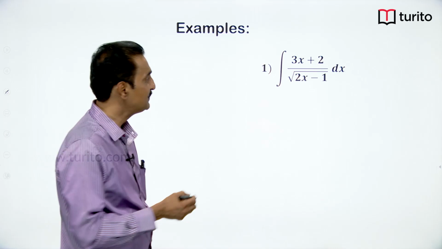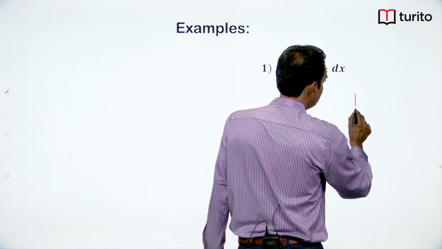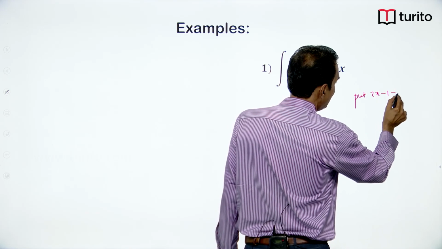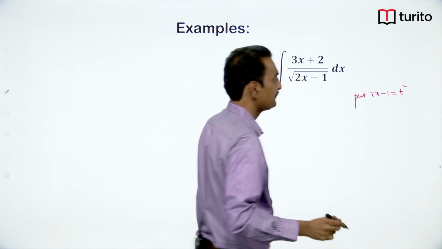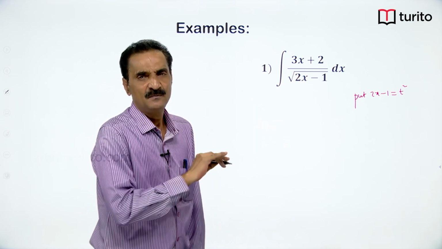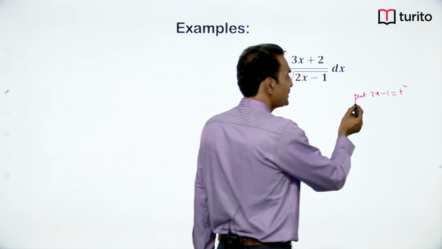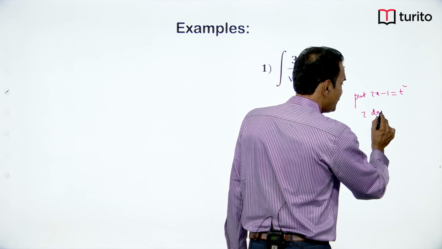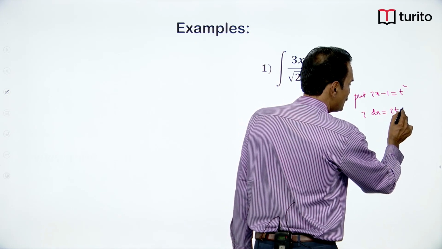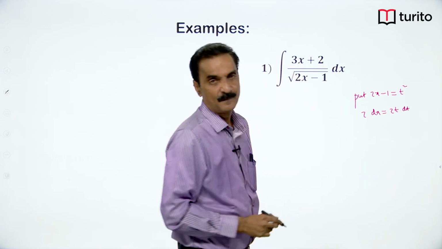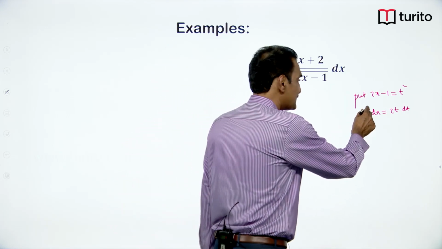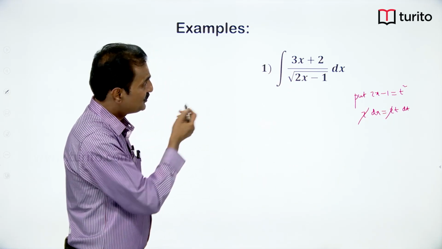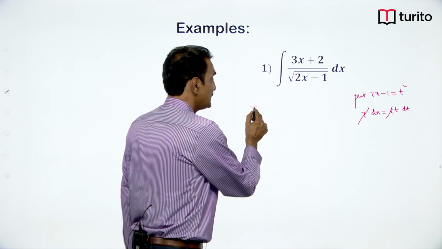What is the substitution? Put 2x − 1 = t². As usual, we differentiate it. Derivative of 2x − 1 is 2, so 2 dx = 2t dt. 2 cancels. Next, substitute here.